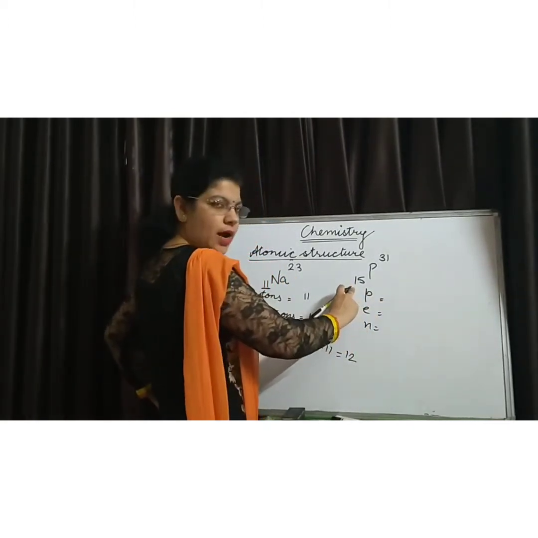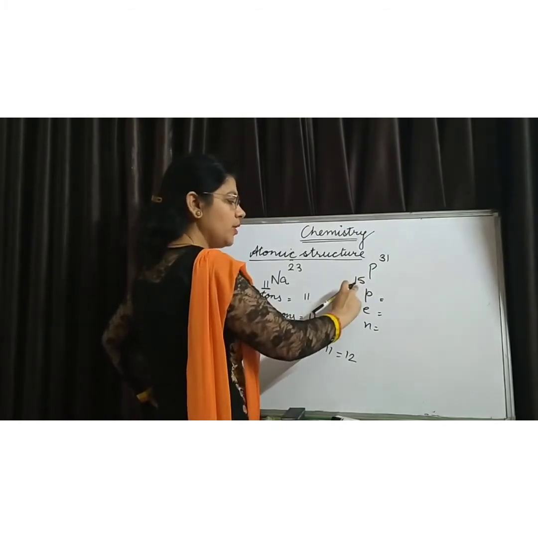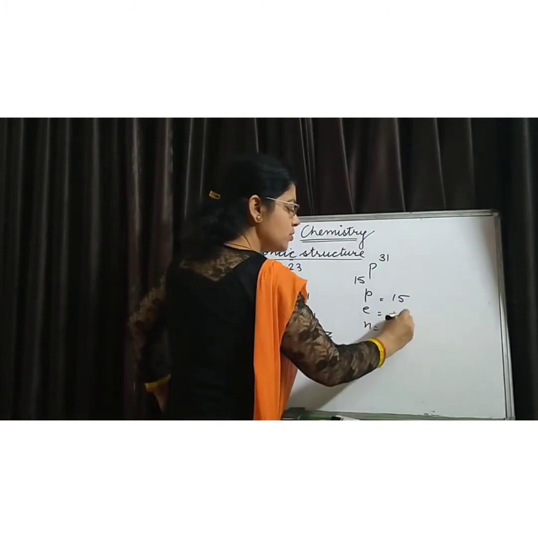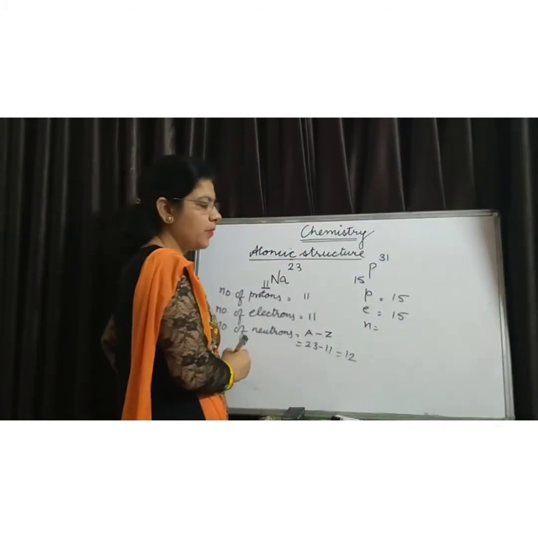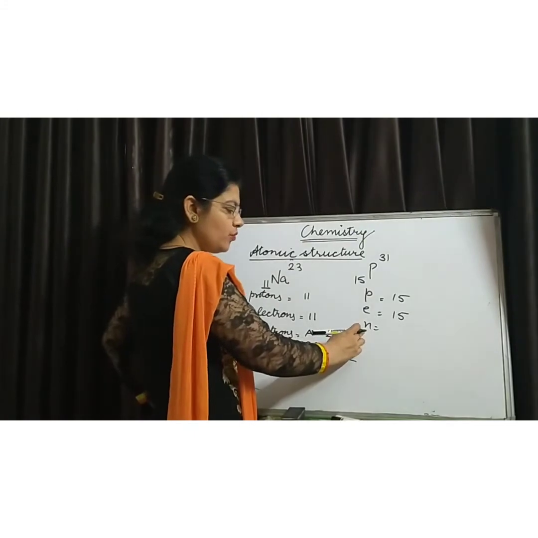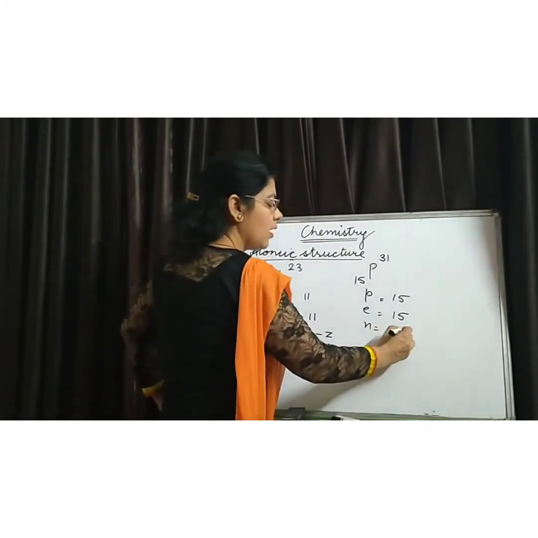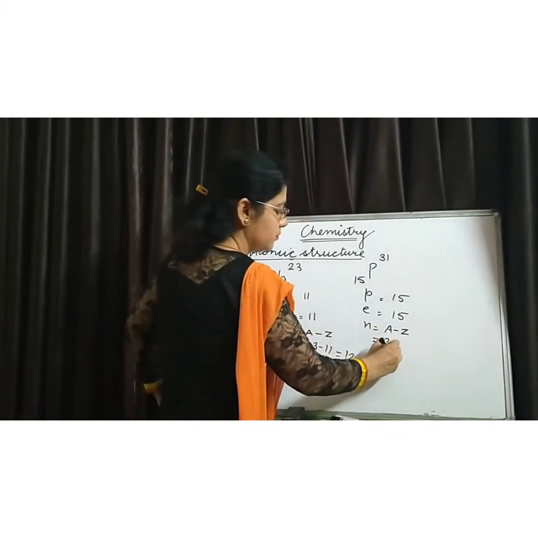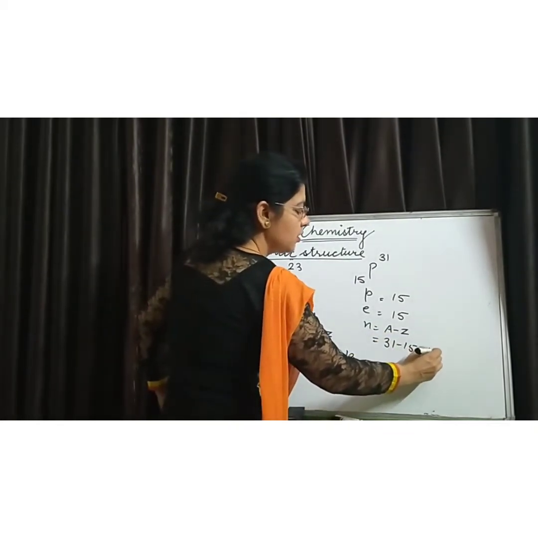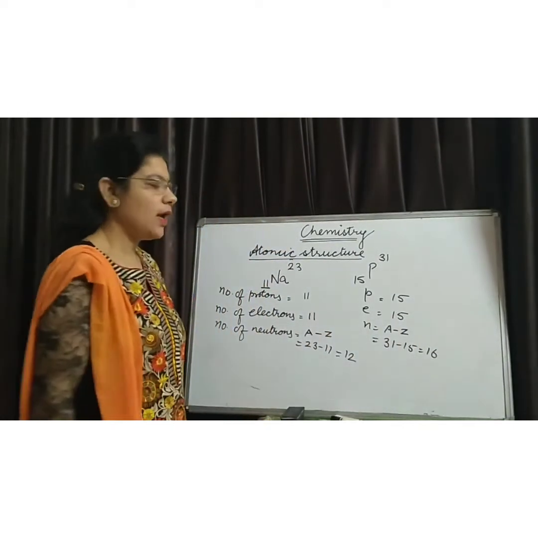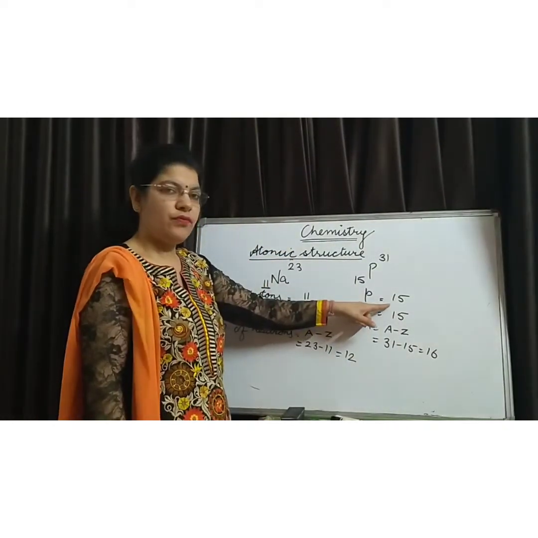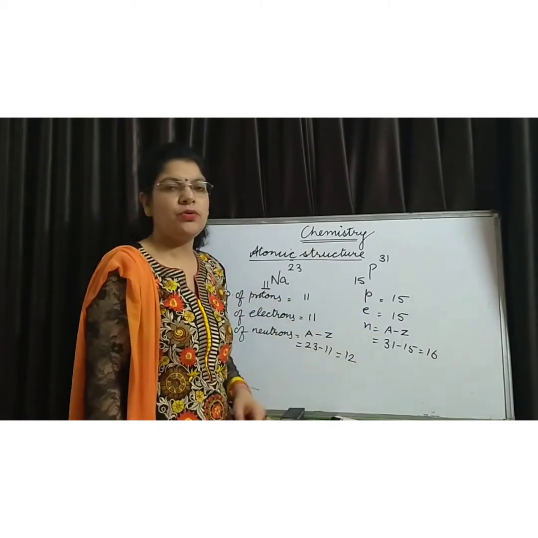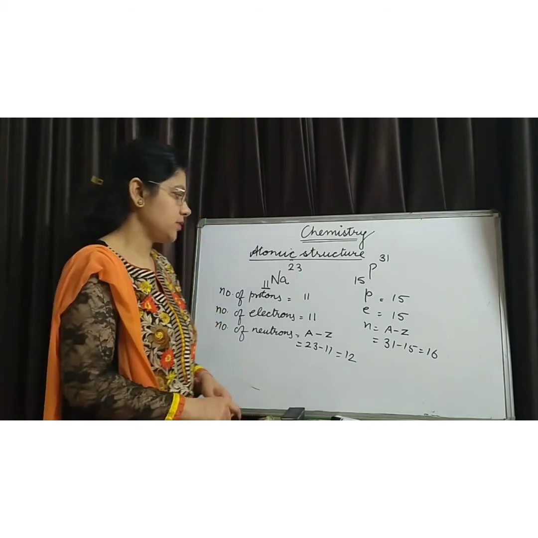As its atomic number is 15, in phosphorus 15 protons and 15 electrons are present. For the number of neutrons, we subtract the atomic number from its mass number. It comes out to be 16. Hence, in phosphorus, 15 protons, 15 electrons and 16 neutrons are present.